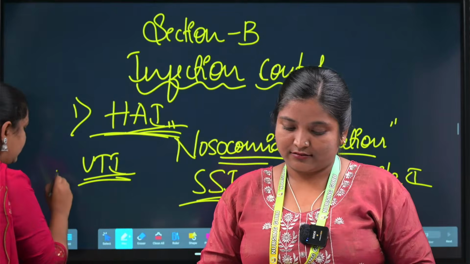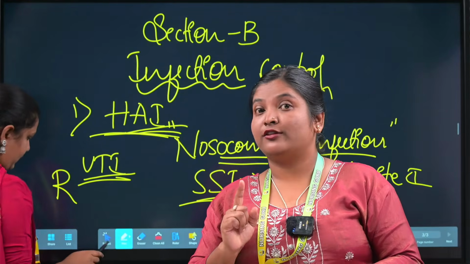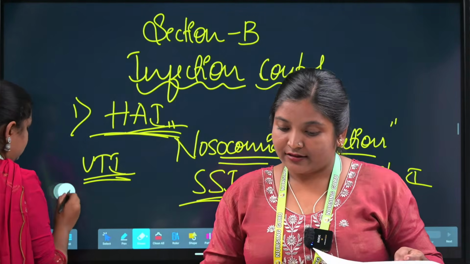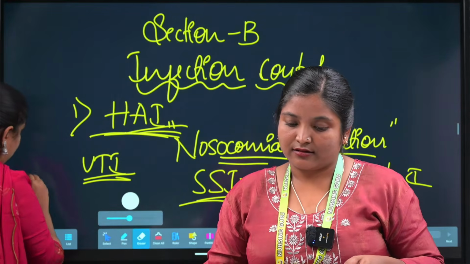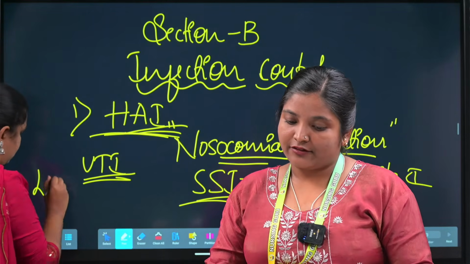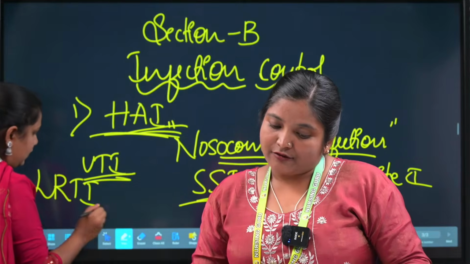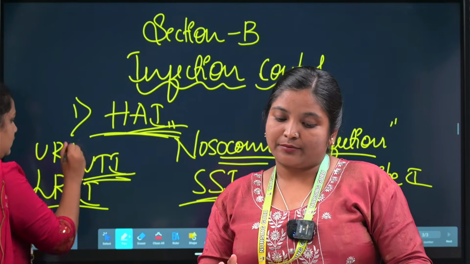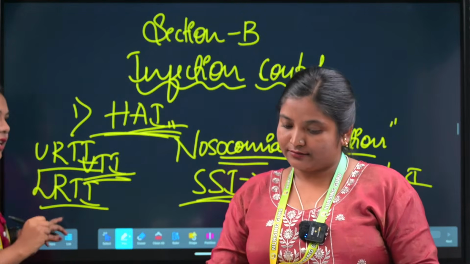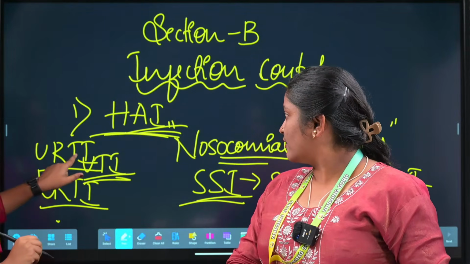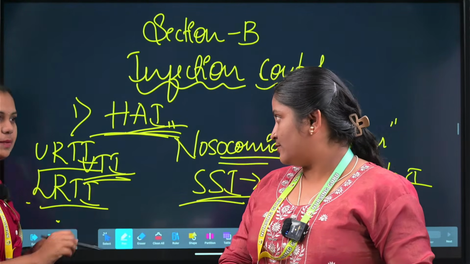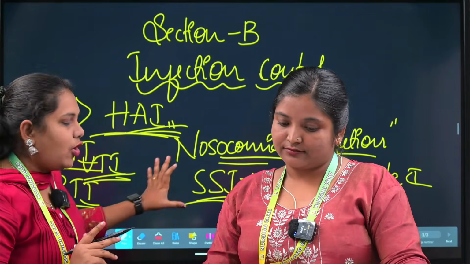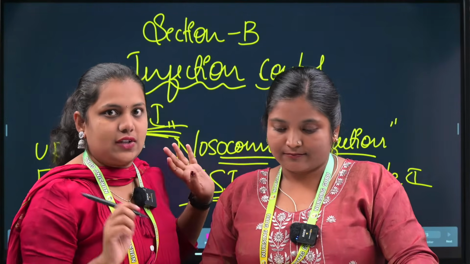That is also one of the questions. Then we can expect ventilator associated events, like LRTI and URTI, upper respiratory tract infection, then lower respiratory tract infection. So these are the common types of nosocomial infection. This you have to write.